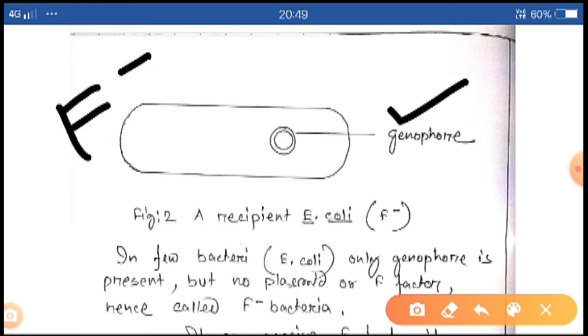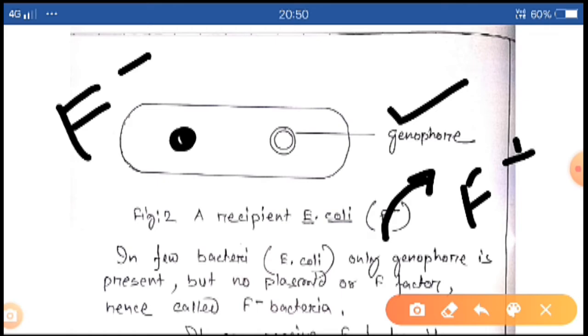How will it be converted into F plus? If an F factor is inserted inside this cell and kept far away from the genophore, then this F minus will be converted into F plus. This conversion is the main motto of the conjugation process.